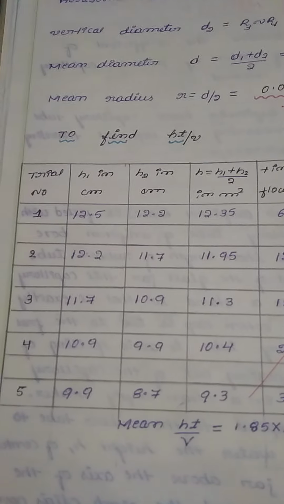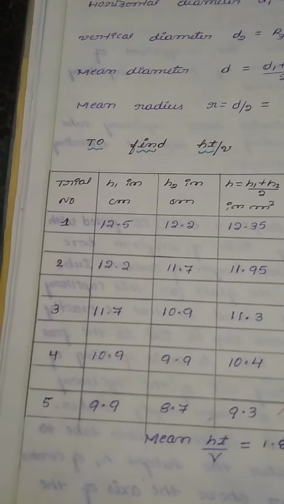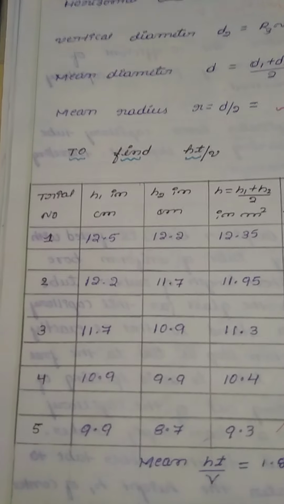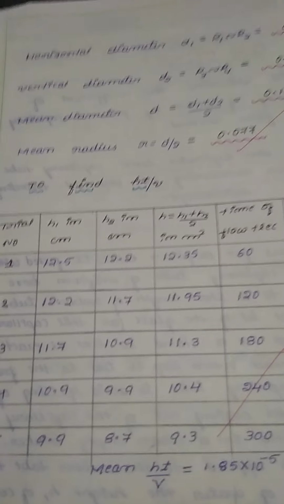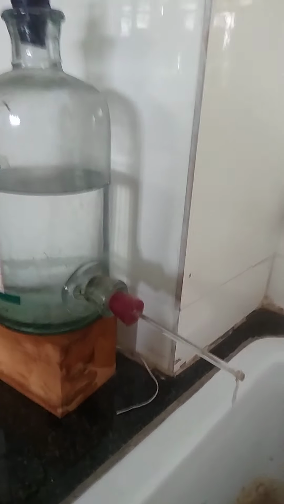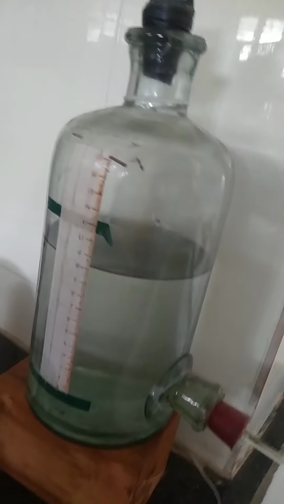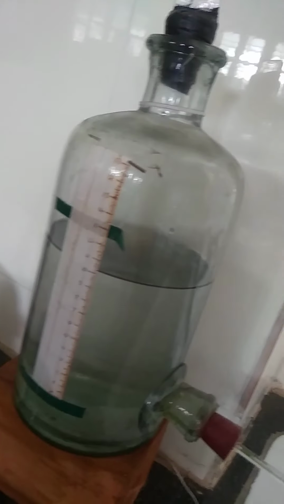That is the tabular column, it is shown in the figure. See, 12.5 is before collecting the water. After collection of the water, it is 12.2. We have to repeat the experiment for 60 seconds each, up to 5 readings.